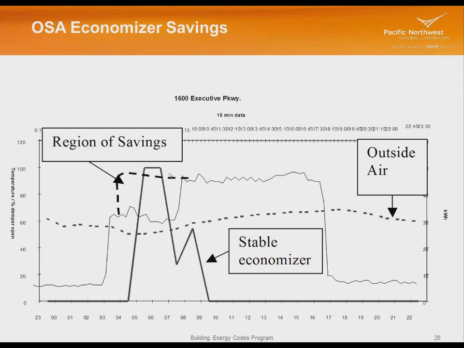So when the outside air is open and things are working, we can get rid of this region of energy use. In other words, without the economizer, this line would have been up here to cool the building off because we would have only had 10% outside air. So when the air is cool enough, we can use it to cool the building instead of putting power into our chiller or our refrigerant energy cycle.